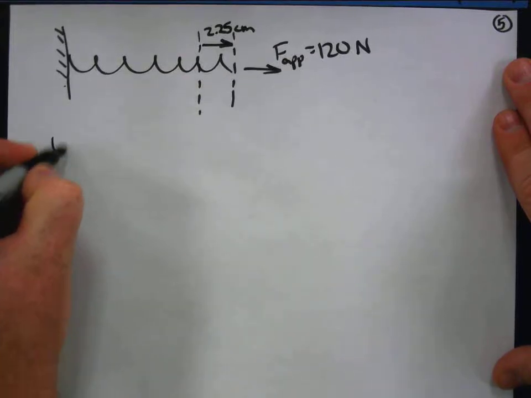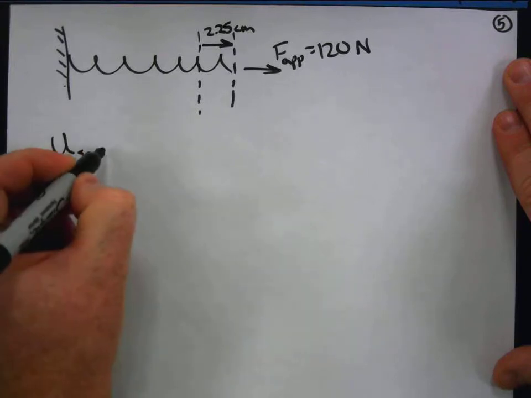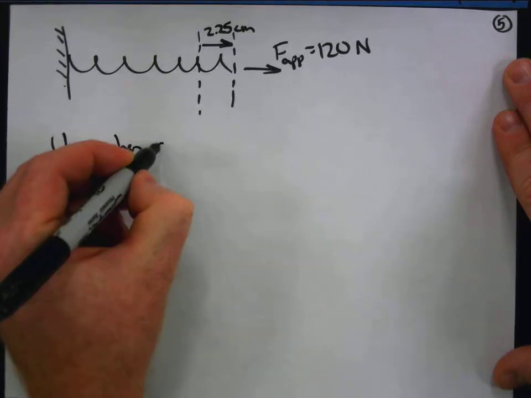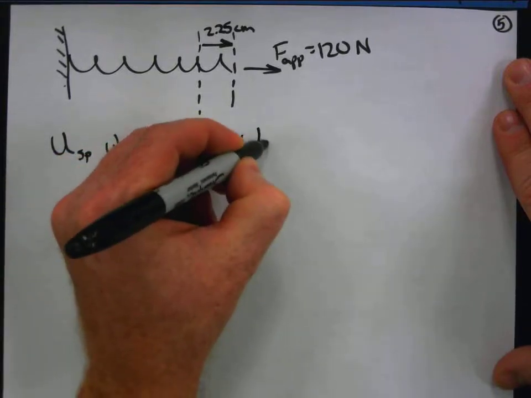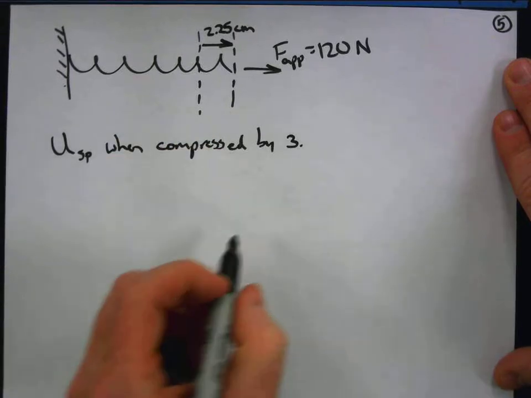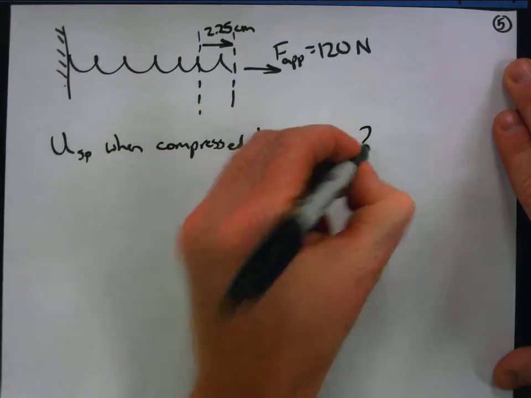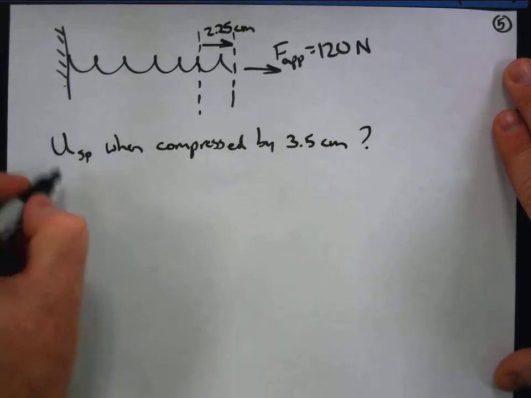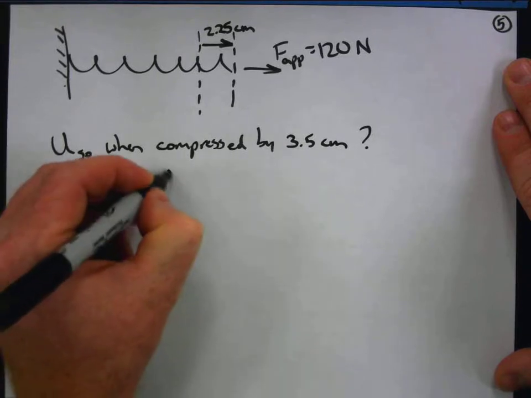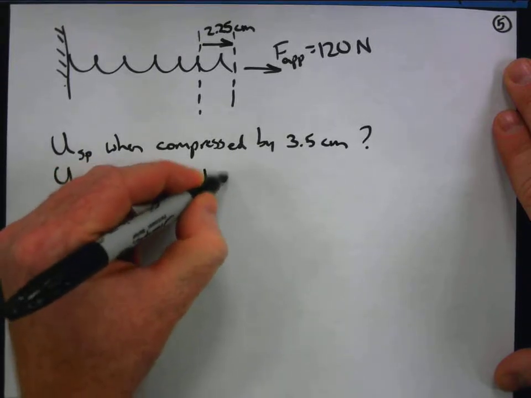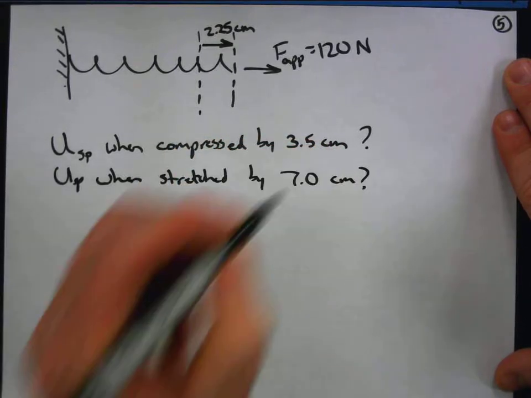So we're going to try to find the potential energy of the spring when compressed by 3.5 centimeters, or the potential energy of the spring when stretched by 7 centimeters. Okay.